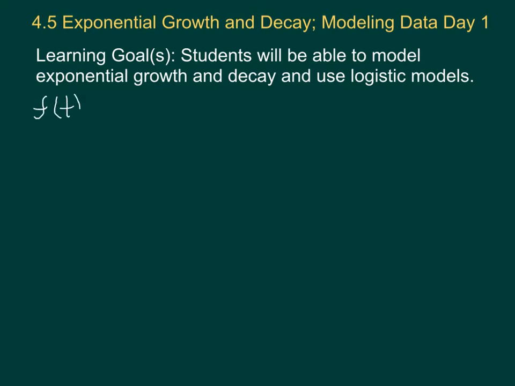This is how the model looks. A model is just like an equation. And it can say f of t, or you can see it as just A. And I'll explain what everything means.